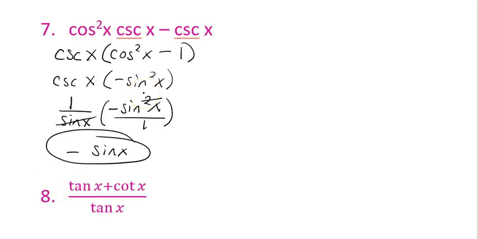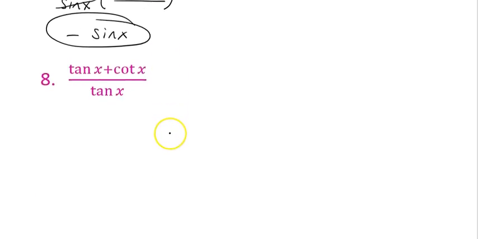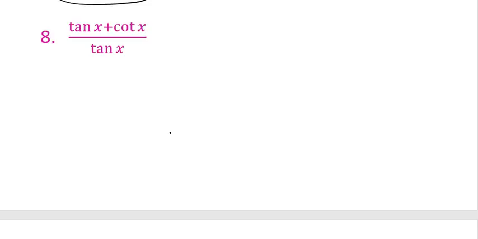Alright, we have 2 more examples. So these get into some fractions. Example 8. Alright, we have tangent plus cotangent over tangent. When the bottom does not have a plus or a minus, this can legally be separated.